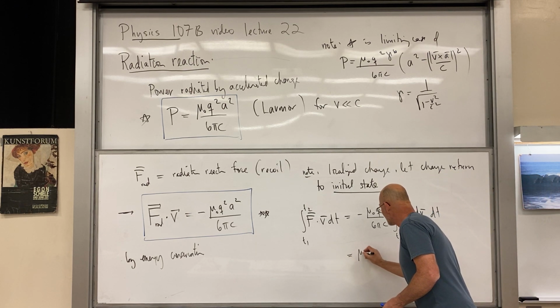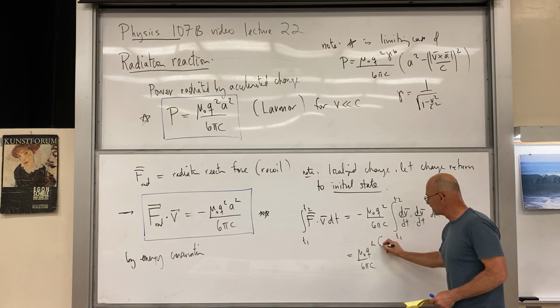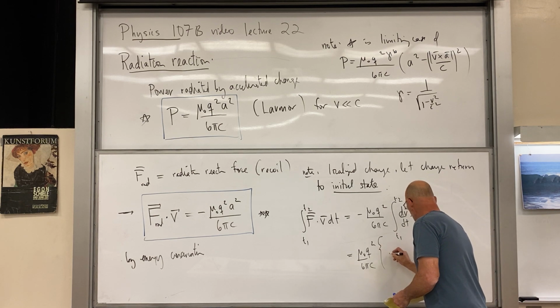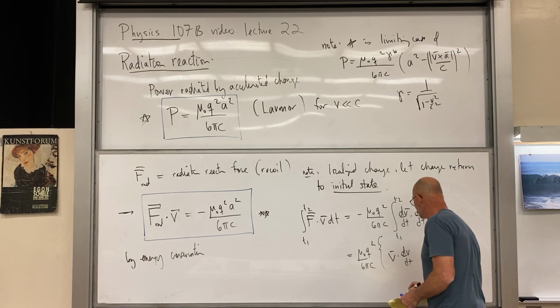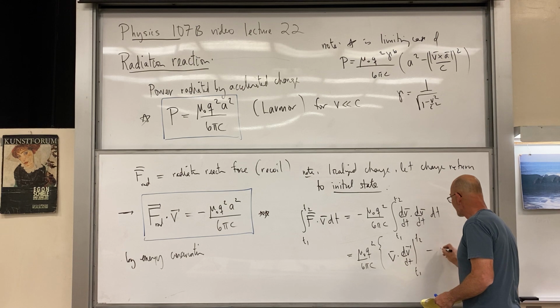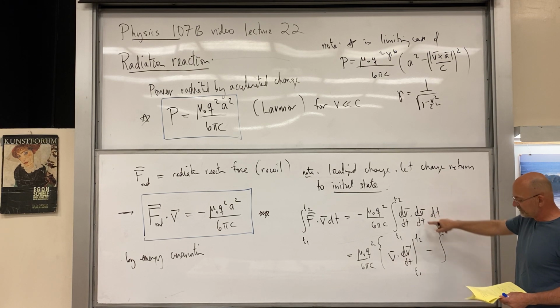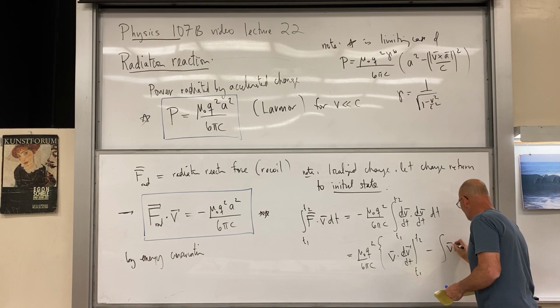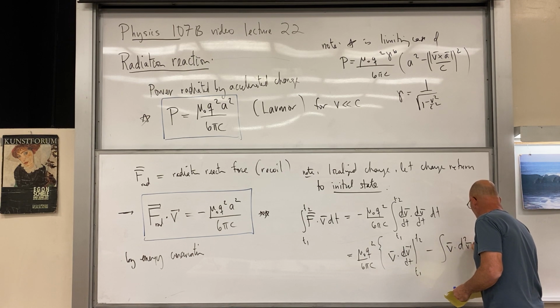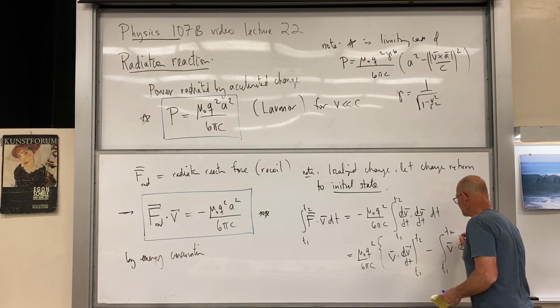So we'll have the mu naught q squared over 6 pi c. And for our integration by parts, we have v dotted into dv/dt, t1 to t2, minus v dotted into the derivative of dv/dt, so v dotted into d squared v/dt squared over time, t1 to t2.